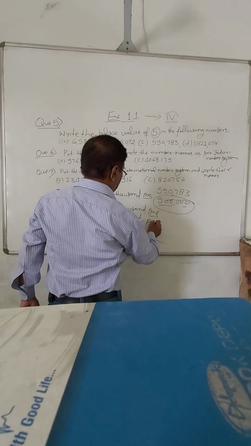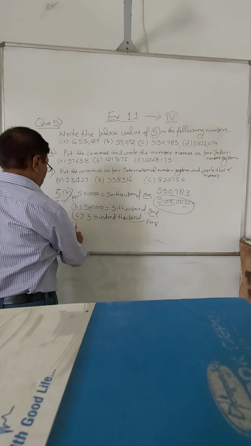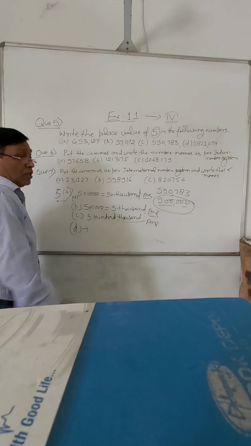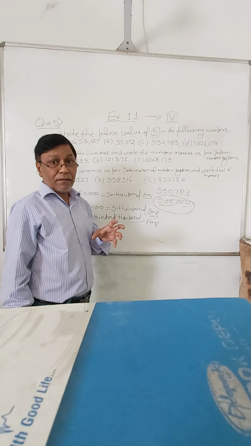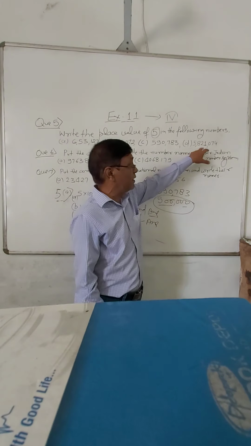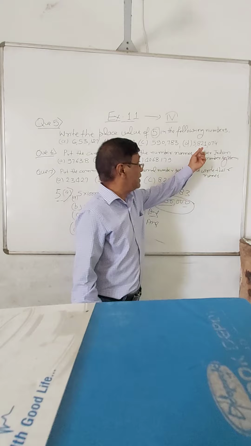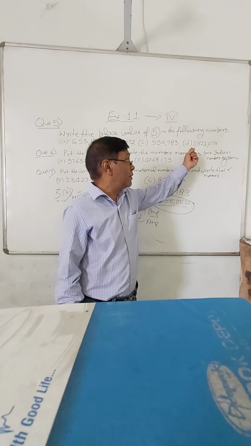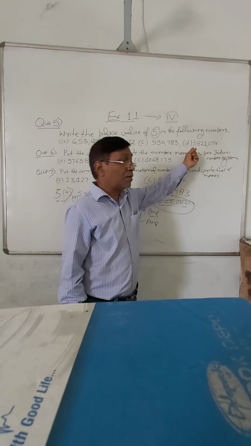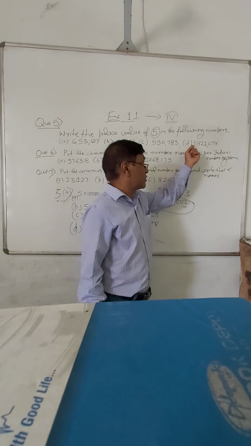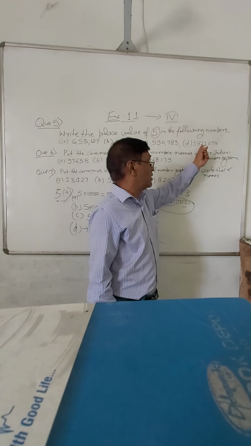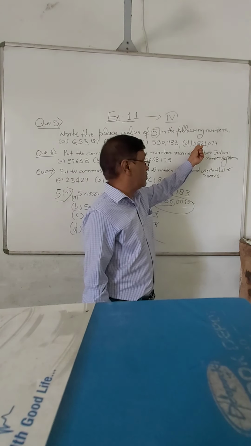So this is the answer of A, this is the answer of B, this is the answer of C, and after that, D का आंसर क्या होगा? 5 जो है किस नंबर पे आ रहा है? सी बाय लुकिंग द कॉमा फर्स्ट यू डिसाइड दैट दिस नंबर इज रिटन इन विच सिस्टम. अगर 3 डिजिट के बाद कॉमा लगाया गया इसका मतलब ये नंबर इंटरनेशनल सिस्टम में लिखा गया. इसकी प्लेस वैल्यू इंटरनेशनल सिस्टम के हिसाब से बताना पड़ेगा और ये 5 किस पे आ रहा है? 1, 10, 100, 1000, 10,000, 100,000 and after that million.